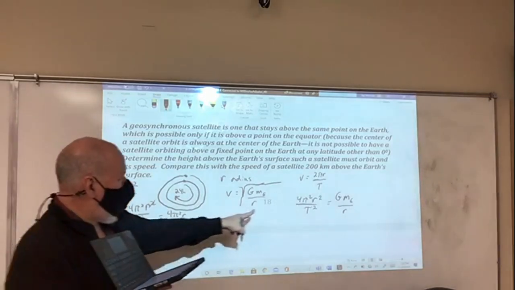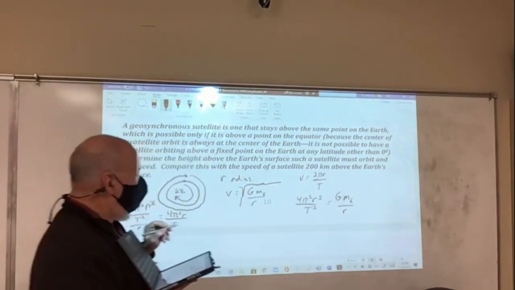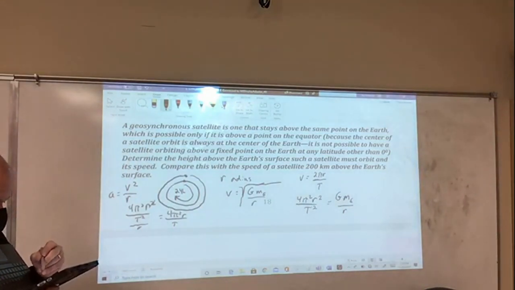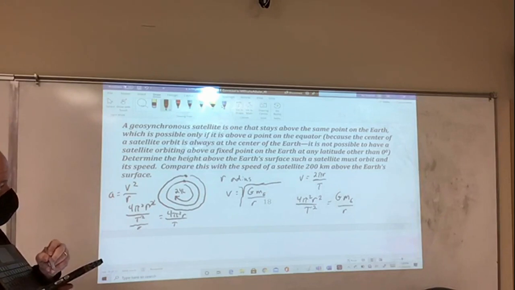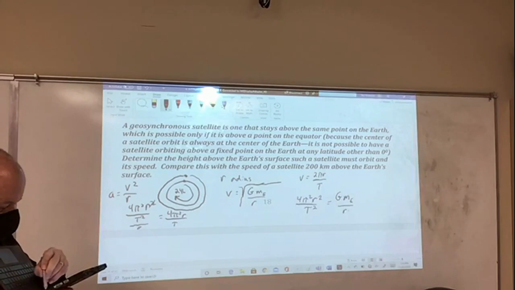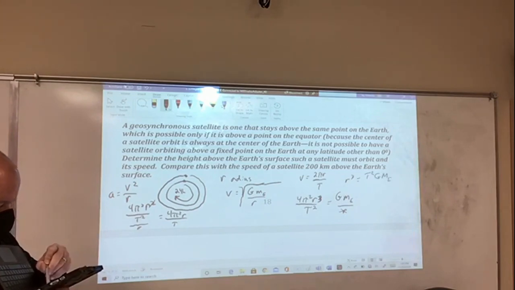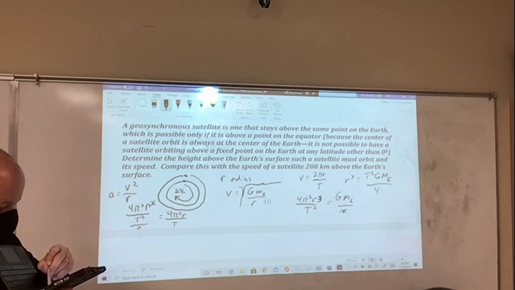But here I don't have that. I'm going to have to multiply both sides of the equation by r to get rid of that, so that's going to give me r cubed equals T squared G M_e over 4 pi squared.